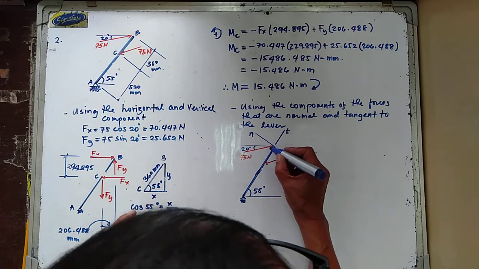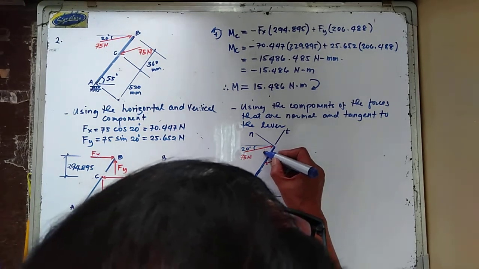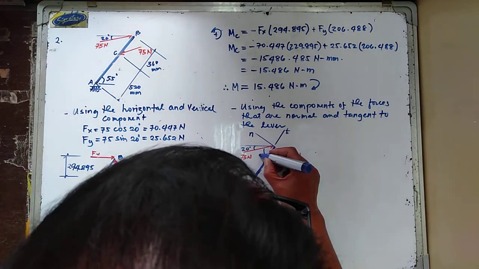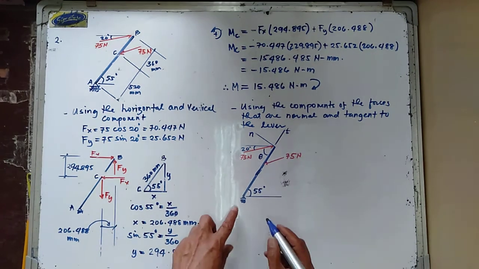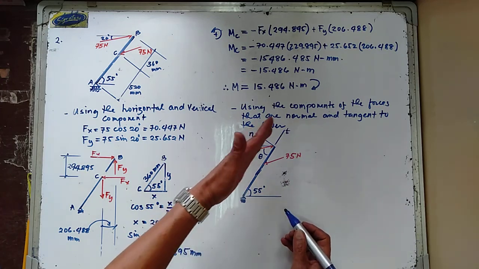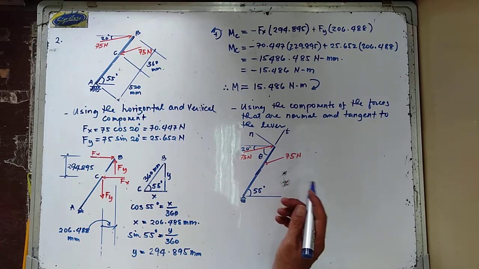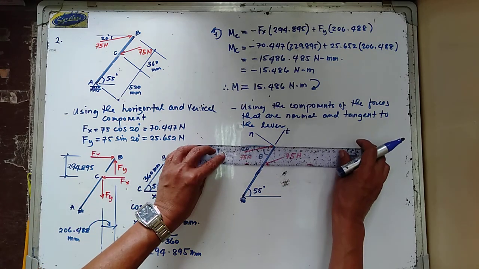Now, let us try to determine this angle in here, and this angle is now equal to theta. You take note that this lever is making an angle of 55 degrees with the horizontal.